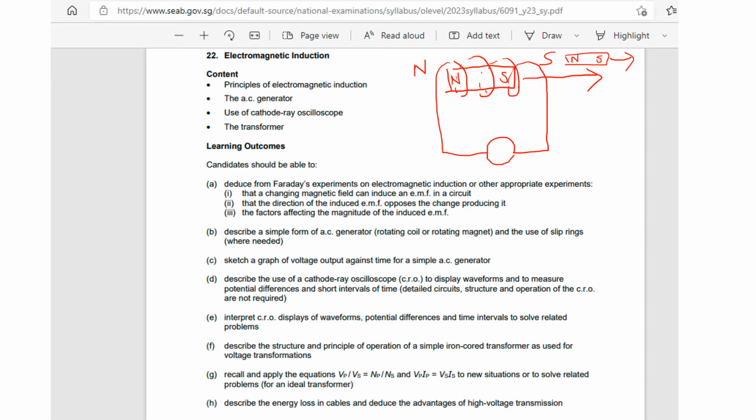So next, let's use the right hand grip rule. Now take out your right hand. Your thumb must be pointing in this direction. Now look at your fingers. You notice that the other fingers are pointing upwards, right?